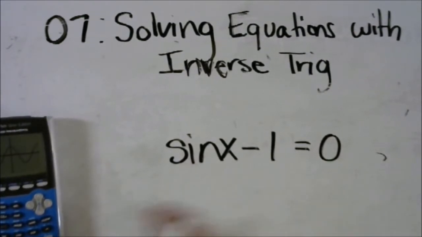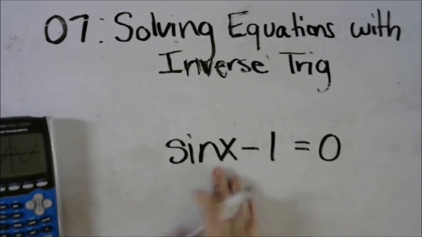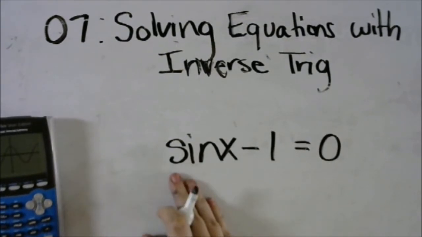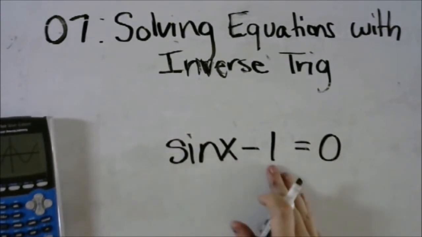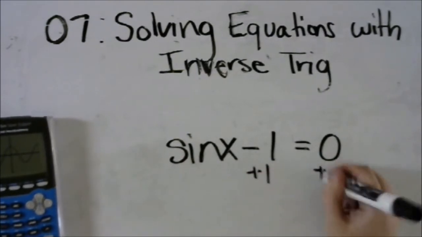This is not a direct equation. It's going to take some algebraic steps in order to isolate the variable. However, this equation is just like other linear equations or two-step equations that you've seen with a similar structure. We have our variable minus a constant equal to another constant. So we're just going to add 1 to both sides.